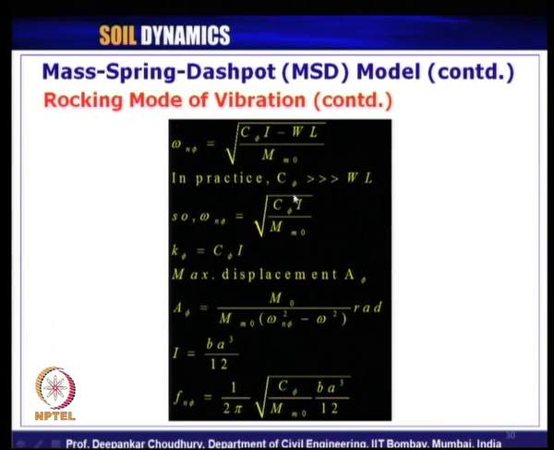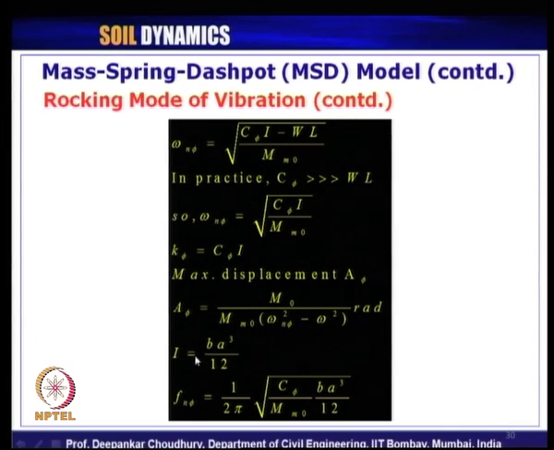So, in practice this C phi I is much more than W L, so we can consider this equal to root over C phi I by M naught, and maximum displacement A phi will be this M naught, that is externally applied moment amplitude, divided by I naught, that is mass moment of inertia of the system about axis O, times omega n phi square minus omega square, so much of radian.